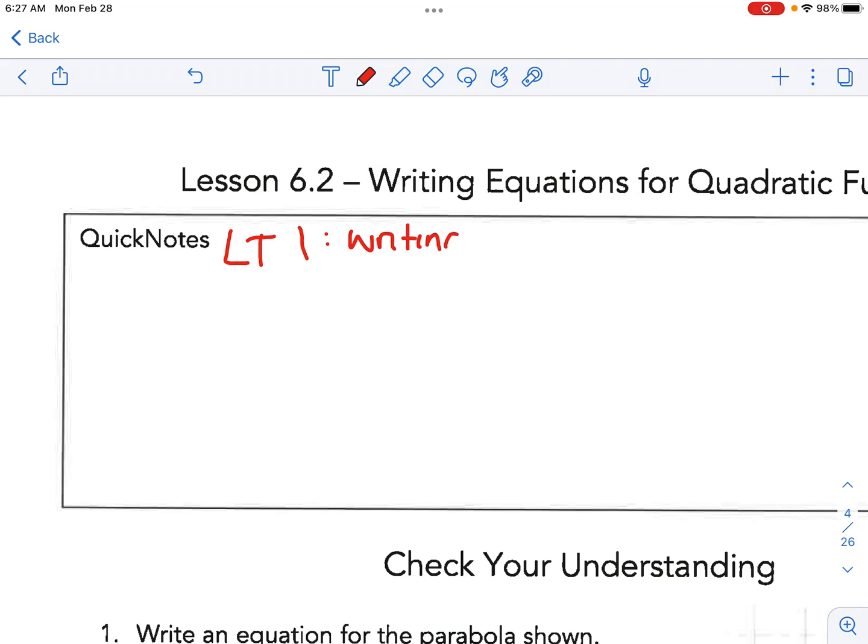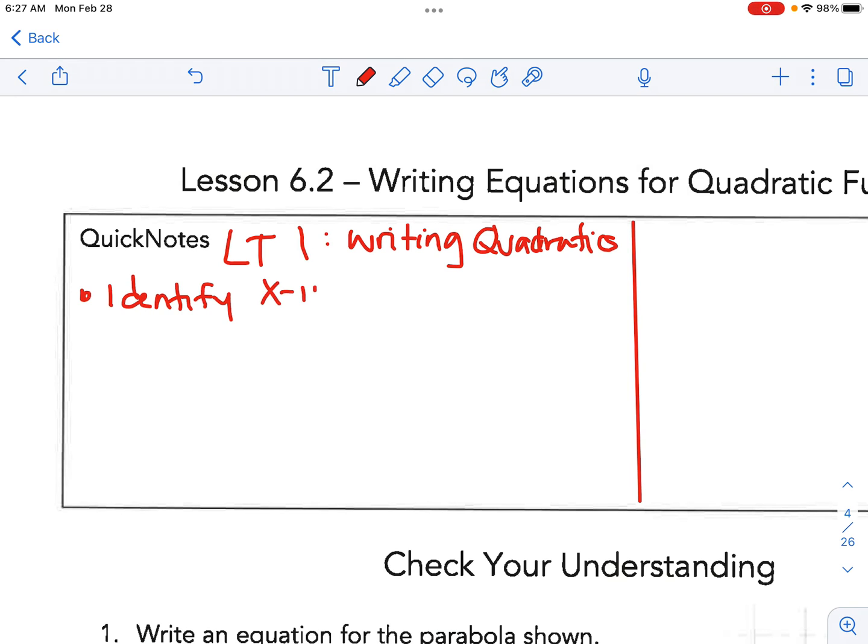Right, that's the title of this section here, writing the equations. So writing quadratics. So we have to identify x-intercepts, and then other easy points like a y-intercept, and then we need one more point.